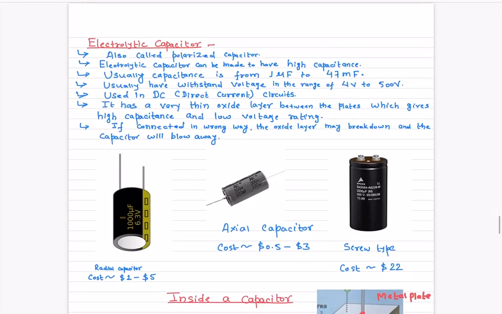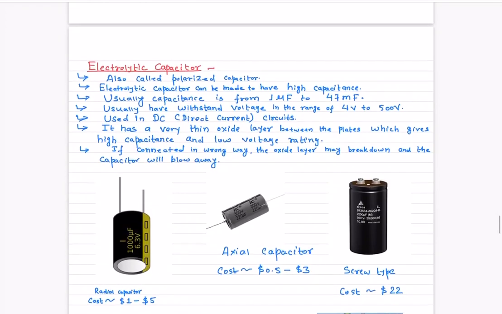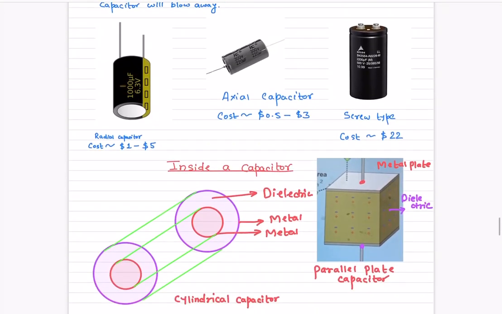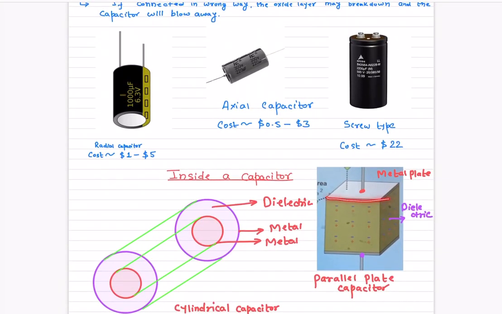So the difference between the electrolytic capacitor and the non-polarized capacitor is that the working voltage is usually much smaller for the electrolytic capacitor. The reason is, if you open a capacitor, all capacitors have a metal plate, a dielectric, and again a metal plate. That's how the capacitor is built.